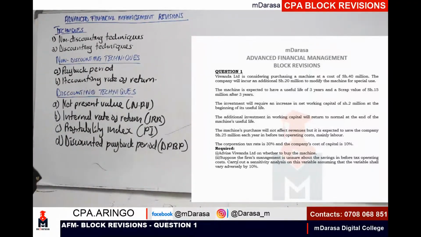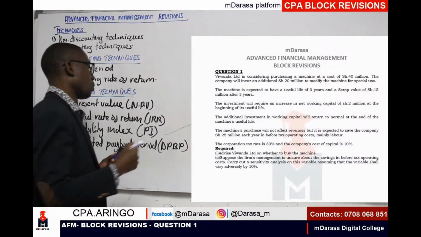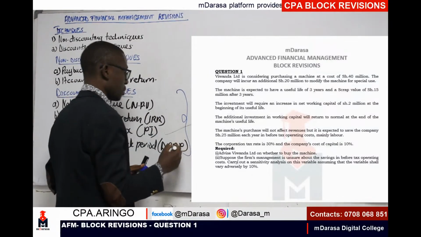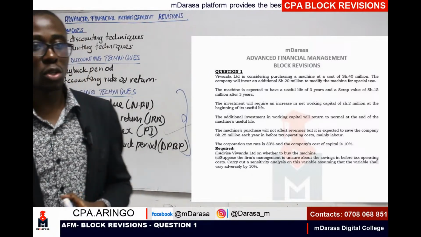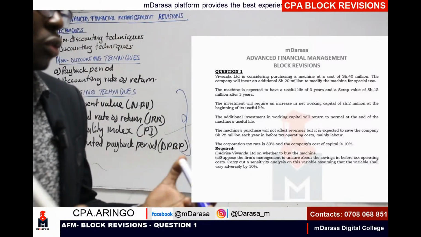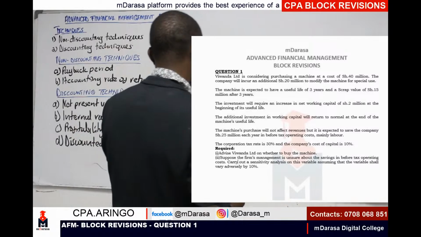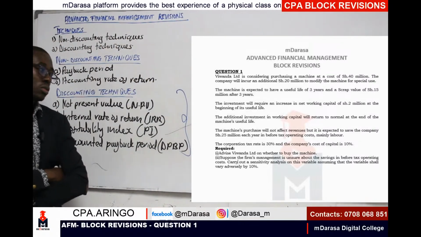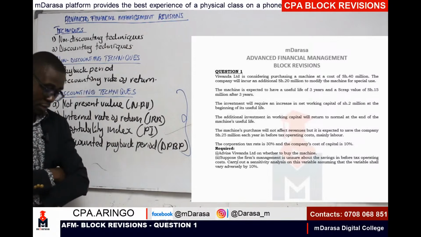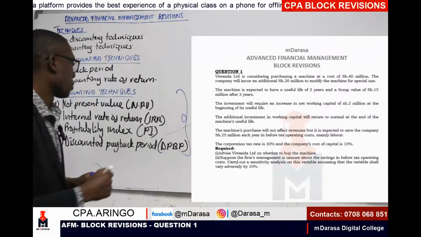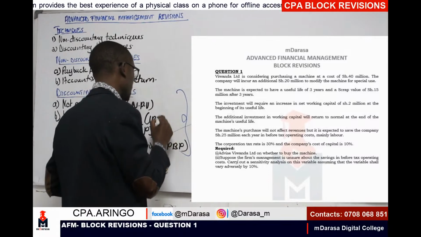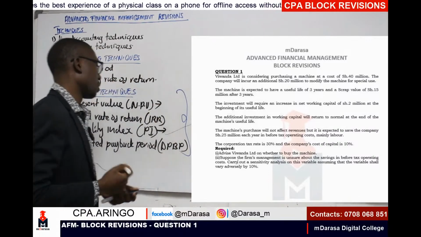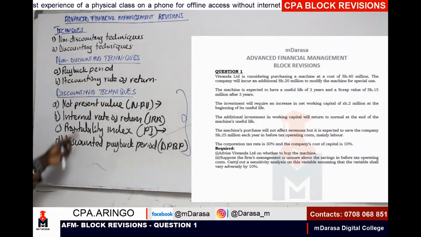In this case, mainly we tend to use discounted techniques, because remember the concept of present value of our cash flows. The most ideal methods, the ones commonly used, are net present value and profitability index.